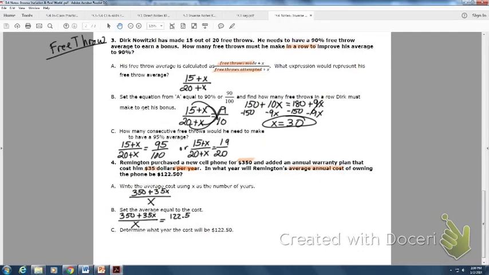We're trying to figure out how many years it would take for that average annual cost to get down to 122.5. So the first thing I'm going to do is multiply both sides by x, which cancels x in the denominator of my fraction.